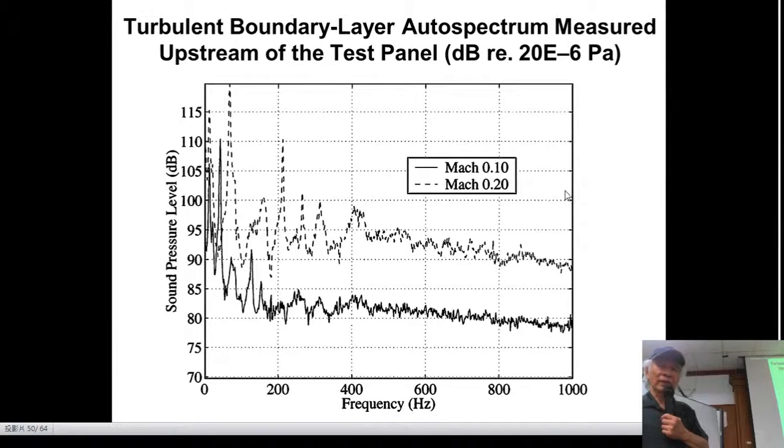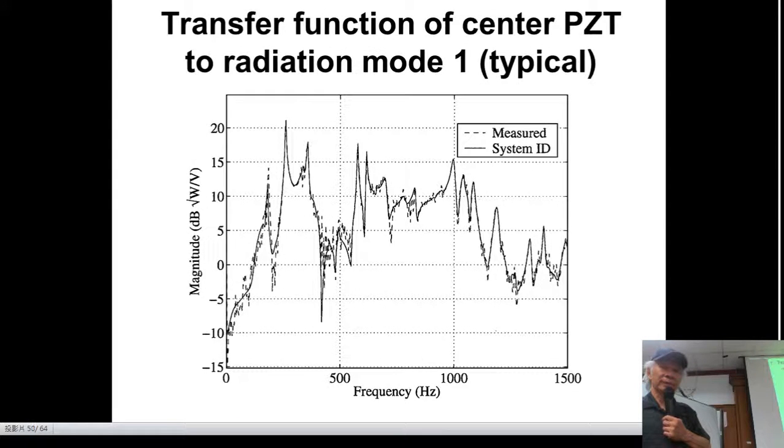If you look at this, 0.1 excites fewer frequencies than 0.2. So for Mach 0.2, the higher points, the peaks here, are the frequency points, and the solid line is Mach 0.1, which excites fewer frequencies. So the higher the Mach number, the more frequencies you excite.